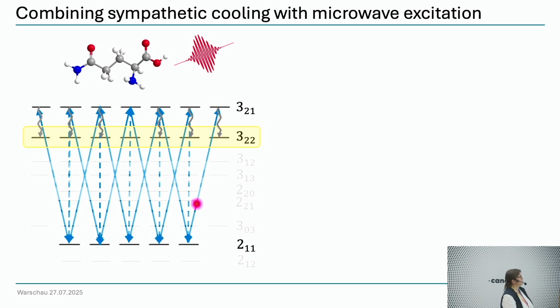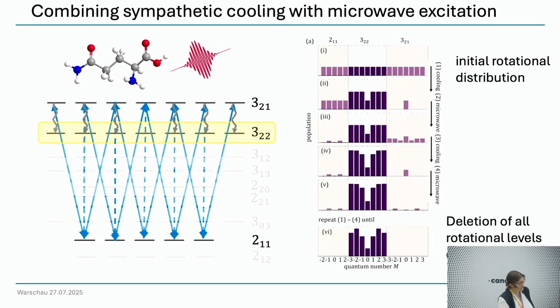Now if we want to deplete an additional arbitrary rotational level, we can first drive a cooling cycle and cool and deplete everything in this highest level here, and then coherently drive the transition from the level we want to deplete to this state by a resonant microwave excitation, and then run an additional cooling cycle.